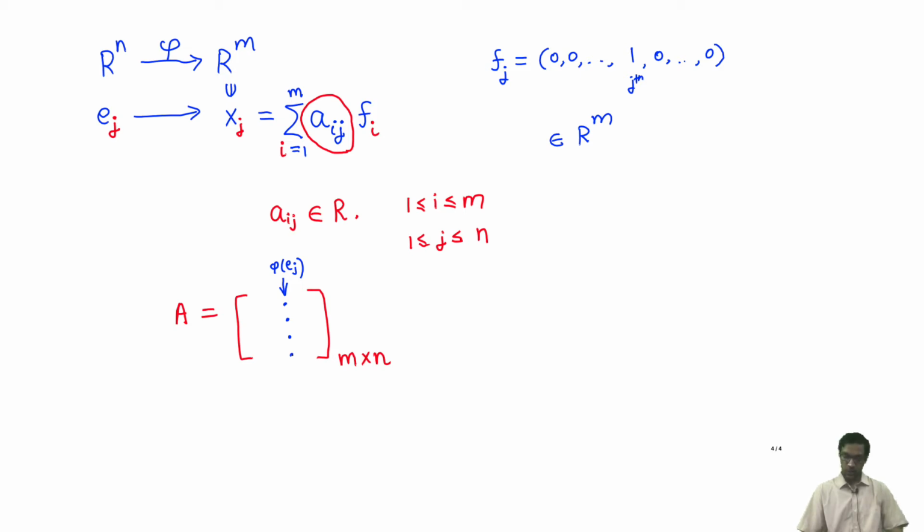aij. Now, let's look at one little difference. So far it's looking a lot like vector spaces, but there is one little twist in the tail. Suppose I give you this matrix. So given this matrix A, what is A now?